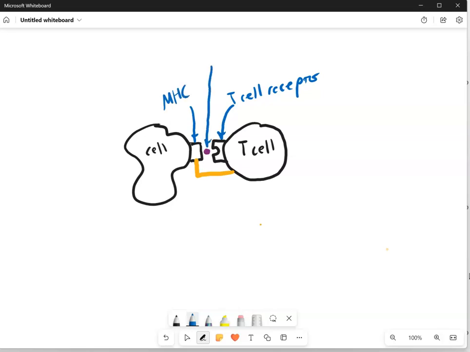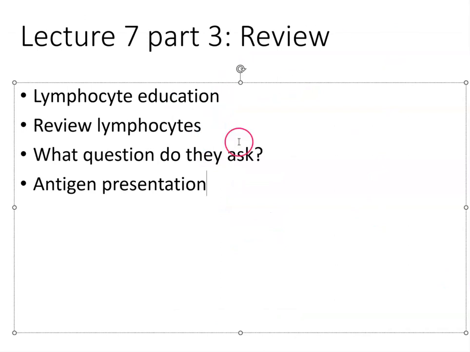We have an antigen or epitope. It's better to call it an epitope, but nobody does. And we have a co-receptor. Now, the devil is in the details here. We have two types of MHC and two co-receptors that we talk about. So that's something we need to talk about.